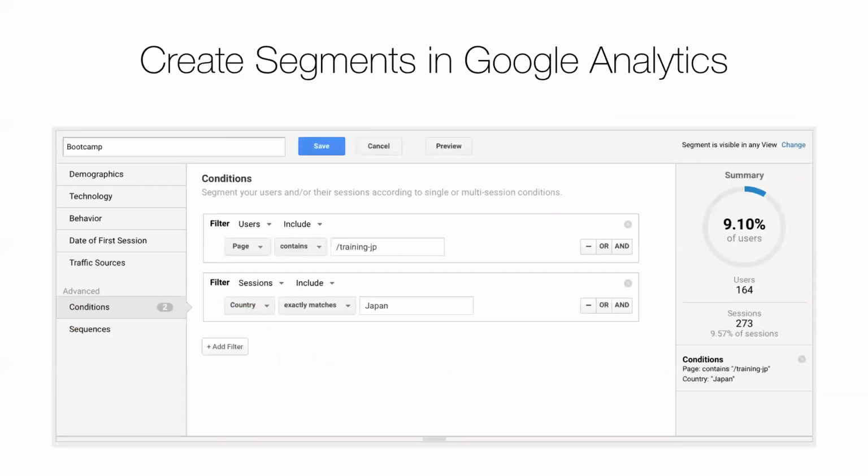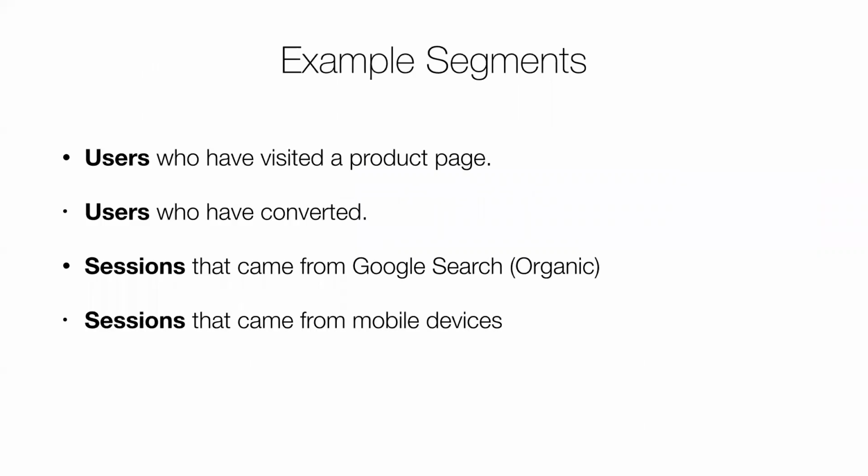You can create a segment in the Google Analytics UI, and you can create it for users or based on sessions. For example, the users who have visited a particular product page, or users who have converted or not converted.